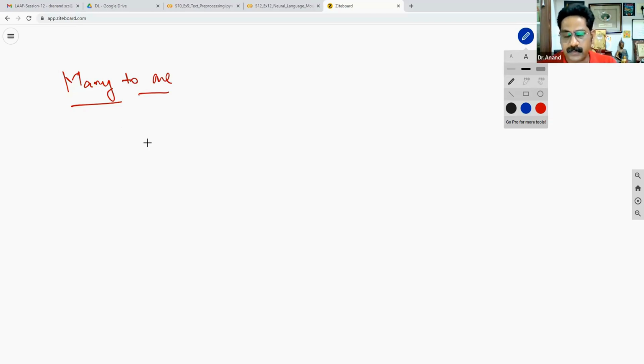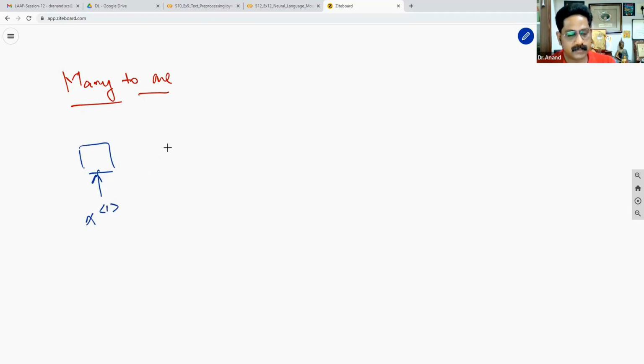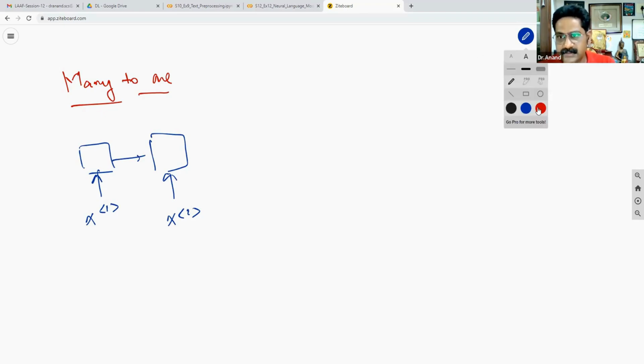So you will be giving your input sentences in this fashion. What is my X first token? Then I present the second token. What is the key point you should understand here?